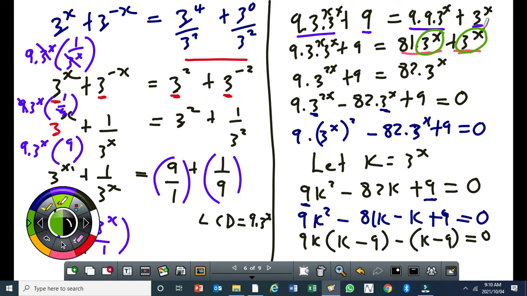What is 81 times k? 81k. Then where there's 3 to the power of x, you put k there. So you end up having 81k plus k, which is 82. But k is equal to 3 to the power of x. So you end up coming to this.